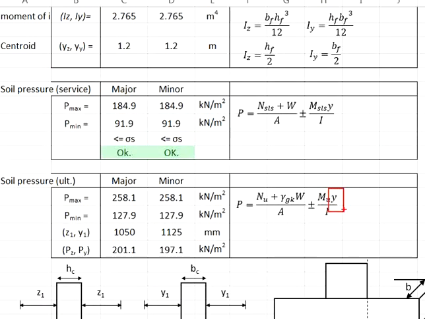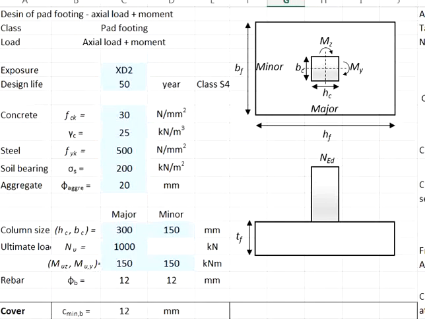The Y refers to the centroid, where the moment rotation occurs. They are determined by having the width of the pad footing divided by 2. For the major axis, the HF is divided by 2. As for the minor axis, the BF is divided by 2.